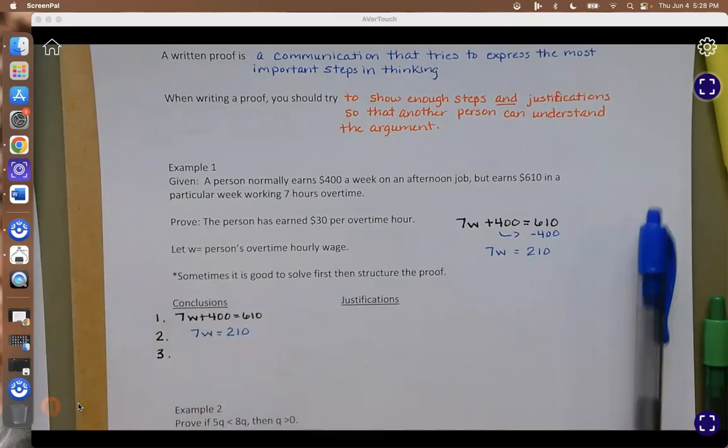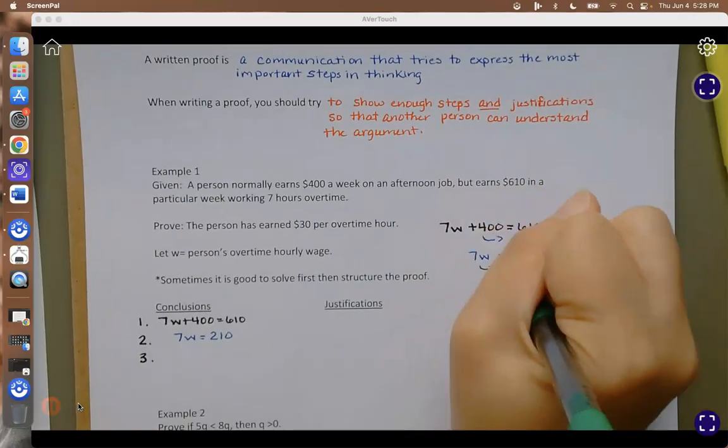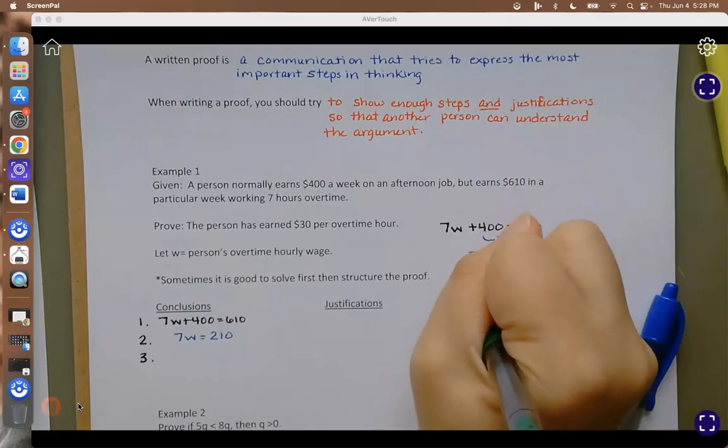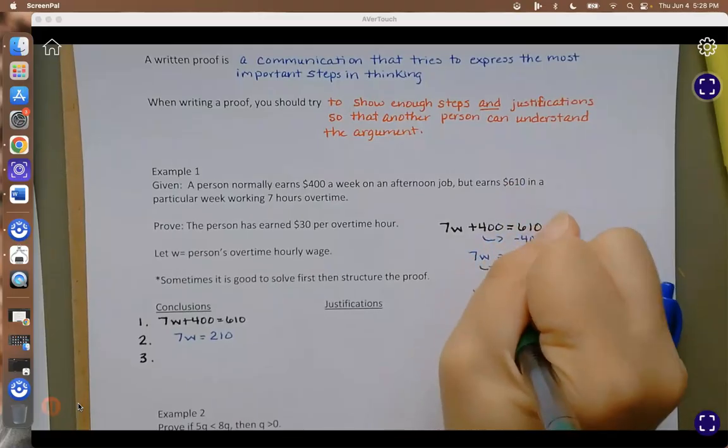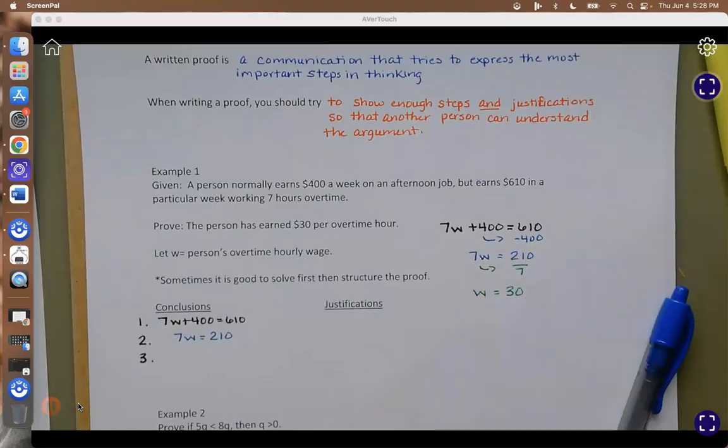Now what would we do? Well, now we would divide by 7. And that gives me 30. Okay, so we would say W equals 30.